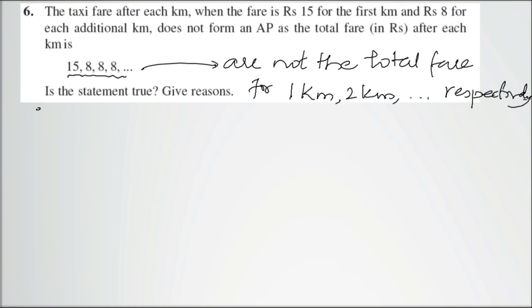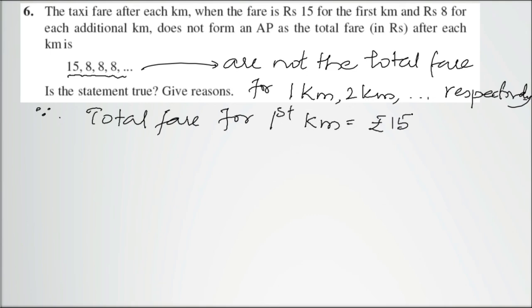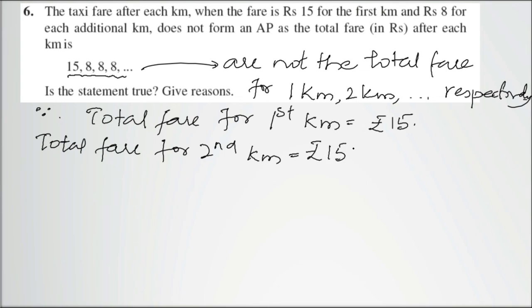The reason is, the total fare for the first kilometer will be rupees 15. This is correct, but the total fare for the second kilometer will be rupees 15 added to rupees 8. We get rupees 23.